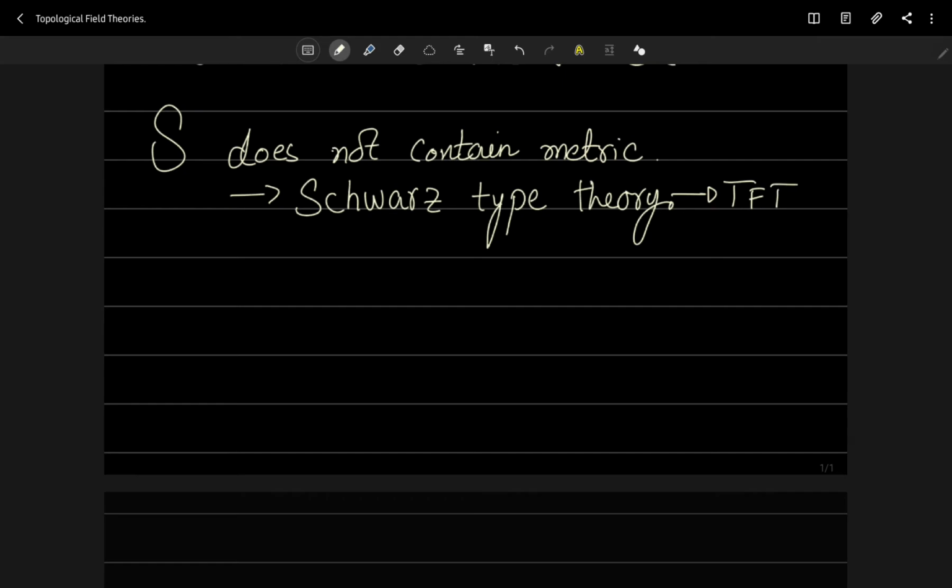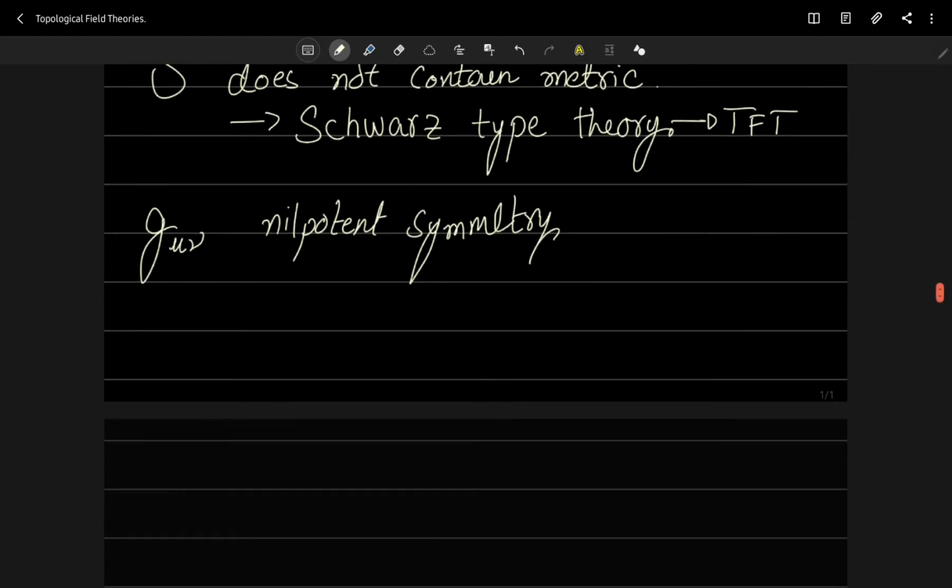On the other hand, you may start with a theory defined using the metric, that is g mu nu, and it possesses a nilpotent symmetry. What I mean by that is simply that it vanishes when it is raised to some positive integral power.